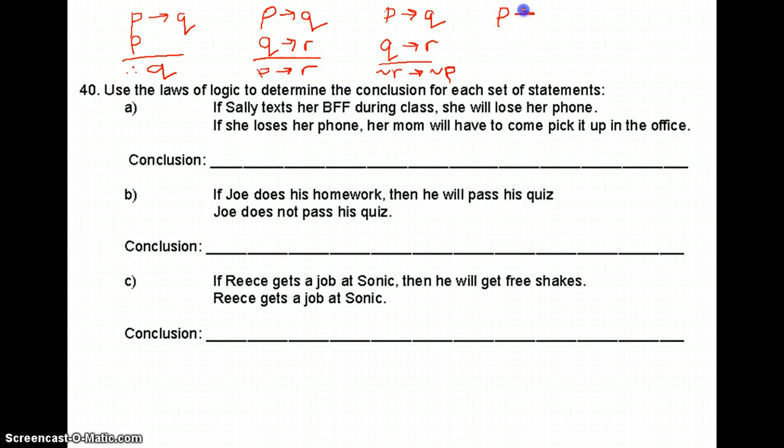And finally we have P implies Q, not Q, therefore not P. Those are the 4 laws that you needed to remember.